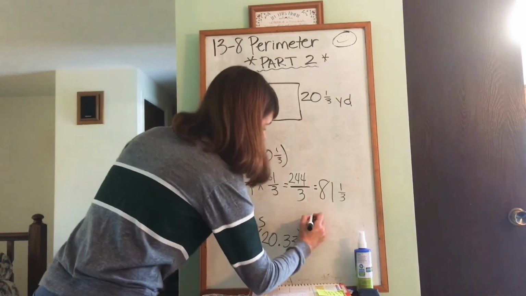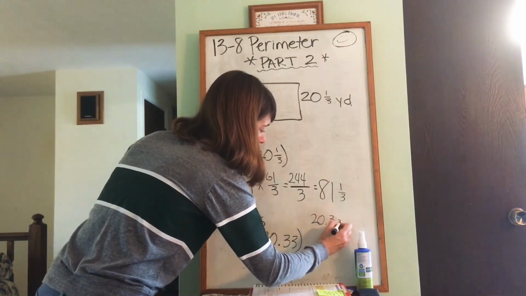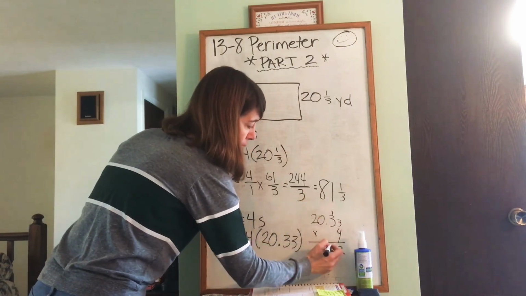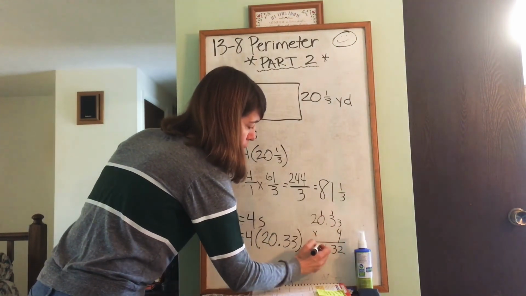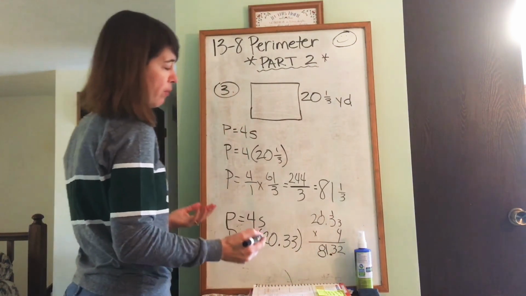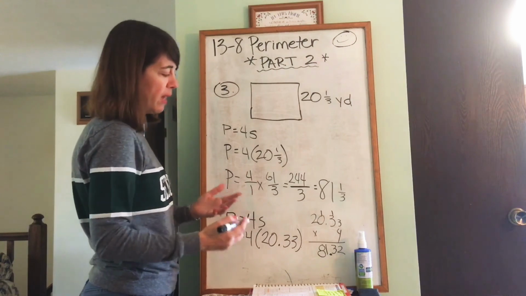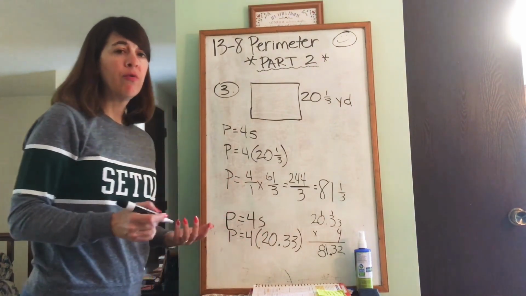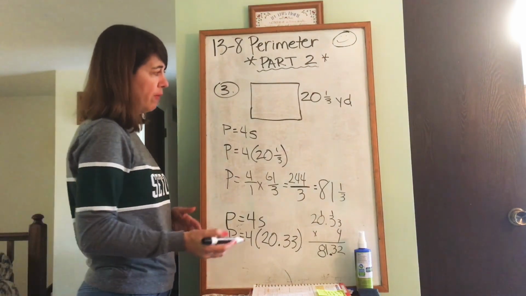So then multiplying, if we drop that down over here, we get 12, carry the 1, 13, carry the 1, 1, 8, put in our decimal point, 81.32, which is very close to 81 1/3 or 81.33. So 2 different ways that you could work through that problem.